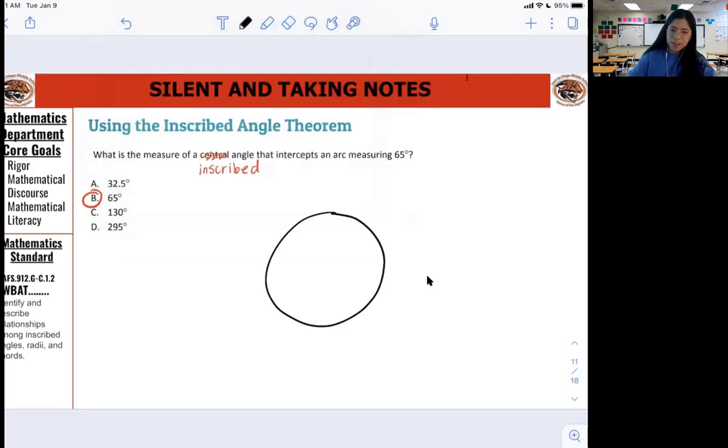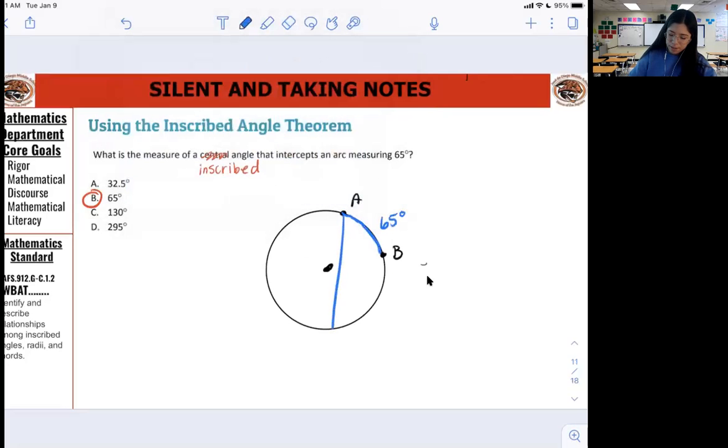How did she get that number? Yeah, it's half. So if AB is 65 degrees, then the inscribed angle, remember, inscribed angle does not go to the center, it goes somewhere off to the side. The inscribed angle would be half of that amount.